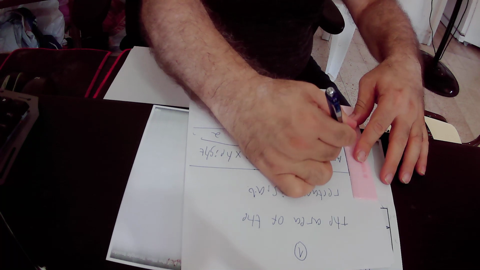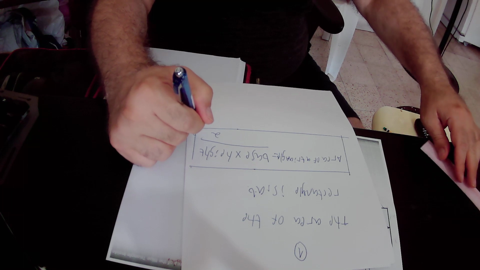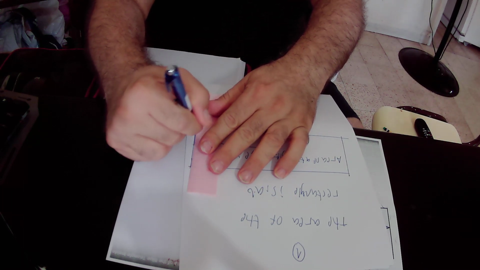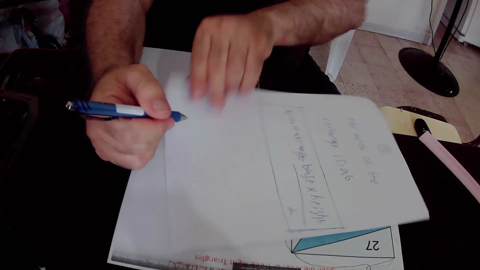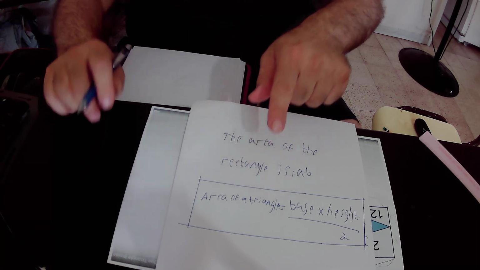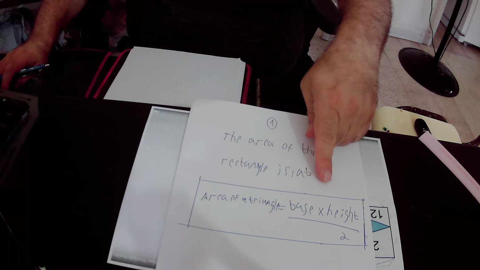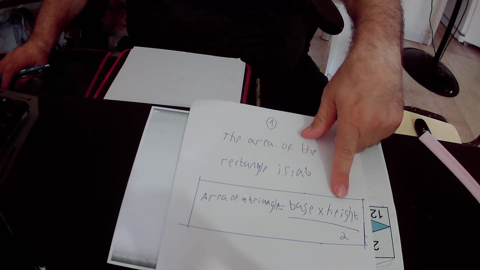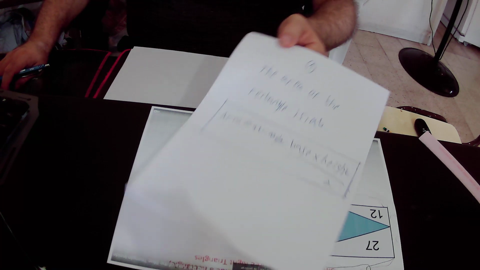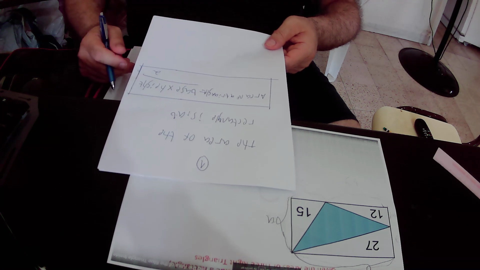Okay, this is the general formula for the area of a triangle. The area of a triangle equals its base times the height to that base divided by 2. So we will use this formula.